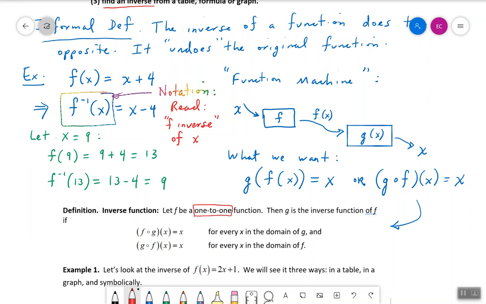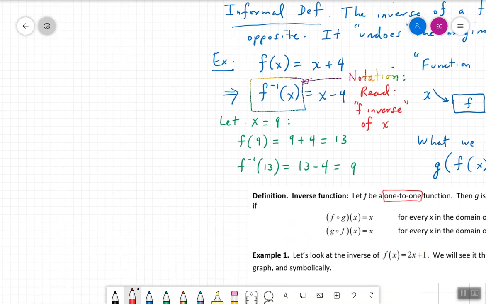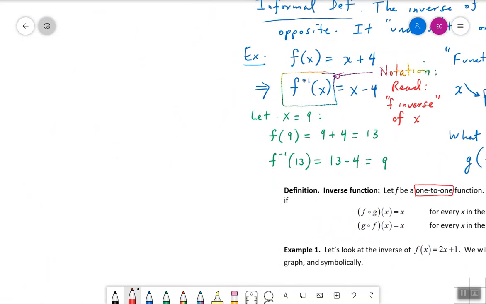And it's worth pointing out that you've seen some similar notation in a different context before. So there's another inverse. Let me say that a little differently. If I have 3 to the negative 1, then that's an inverse.